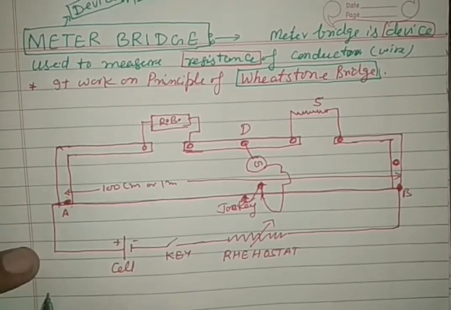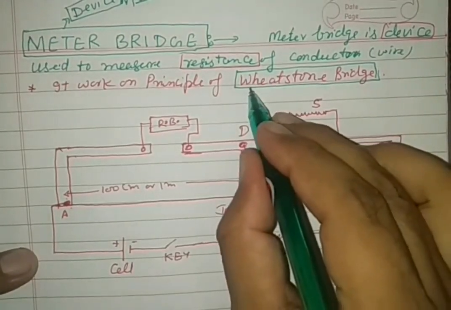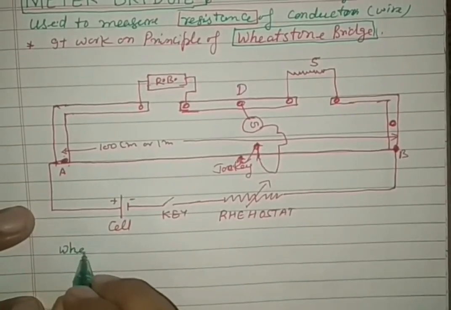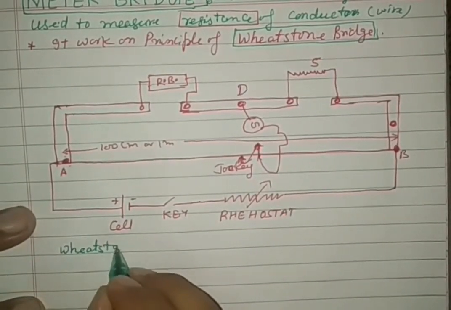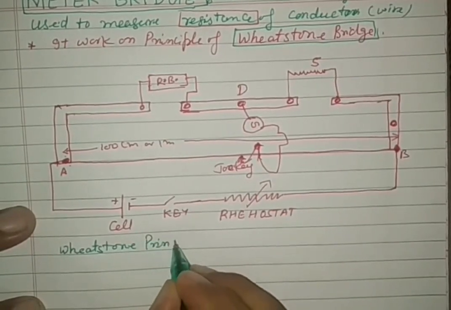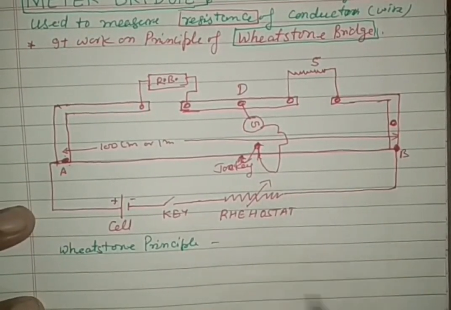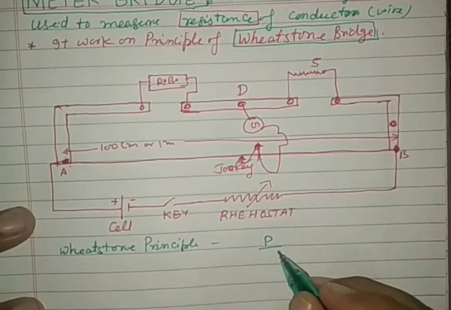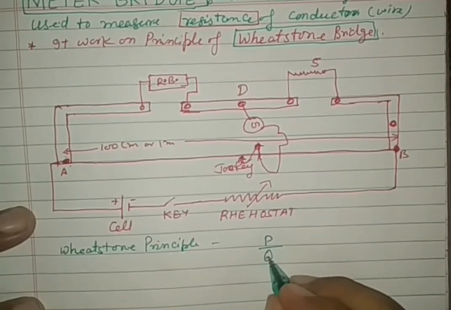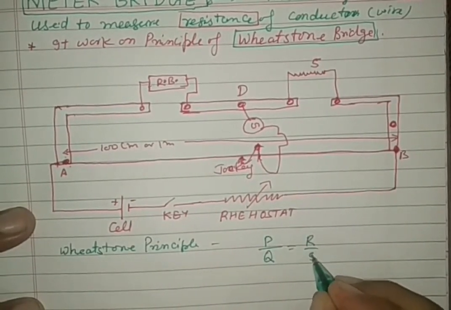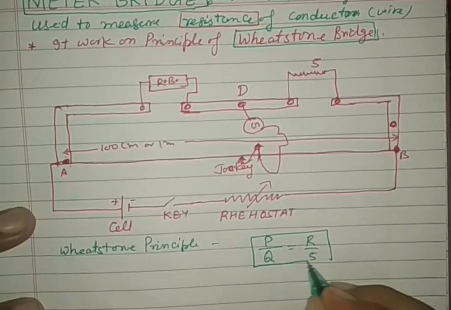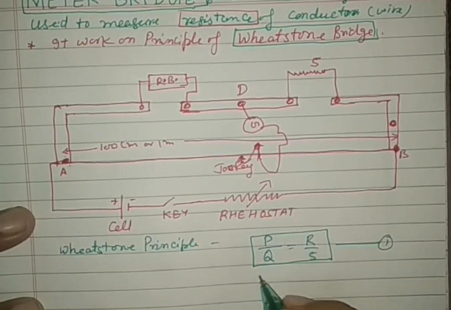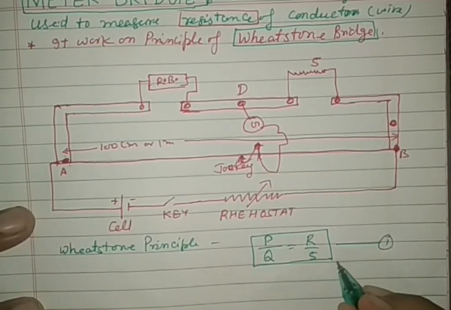First of all, since it is based on the Wheatstone bridge, the Wheatstone principle is: if four resistances are connected according to the arms of a parallelogram, and these resistances are P, Q, R and S, then if P ratio Q is equal to R ratio S, there is no deflection in the galvanometer.